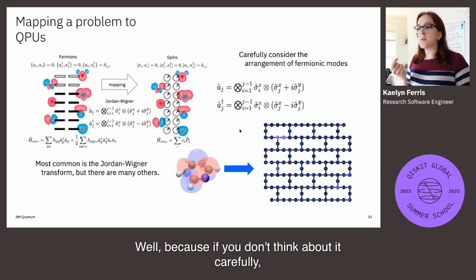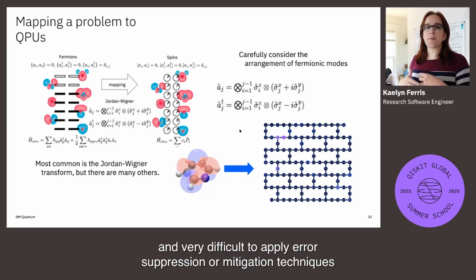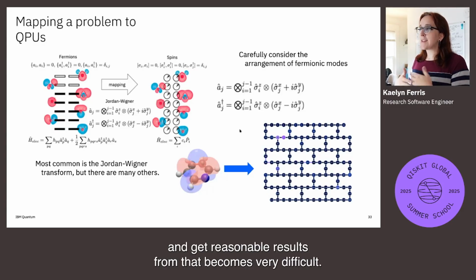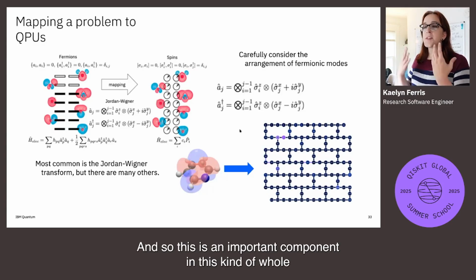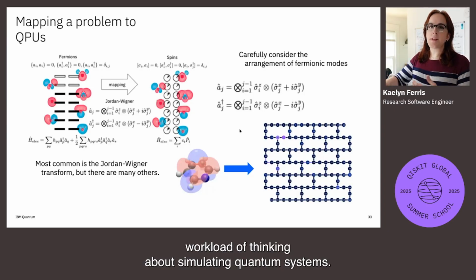Because if you don't think about it carefully, you can produce circuits that are very large and very difficult to apply error suppression or error mitigation techniques to and get reasonable results from. That becomes very difficult. And so this is an important component in this whole workload of simulating quantum systems.